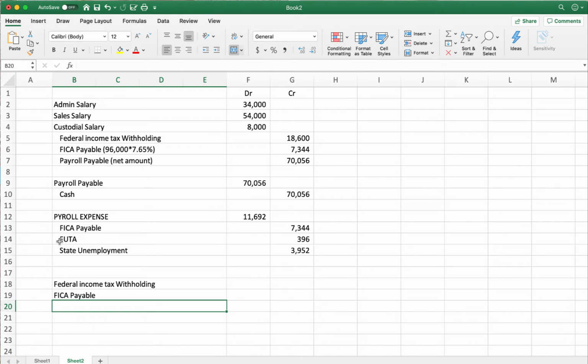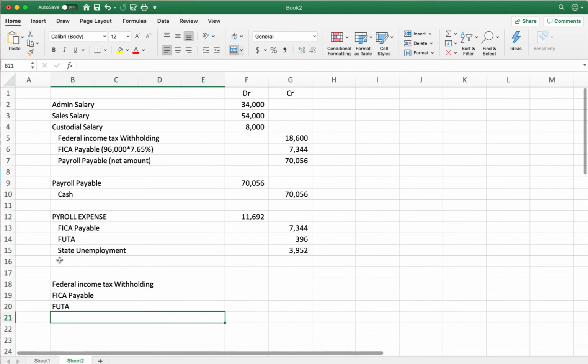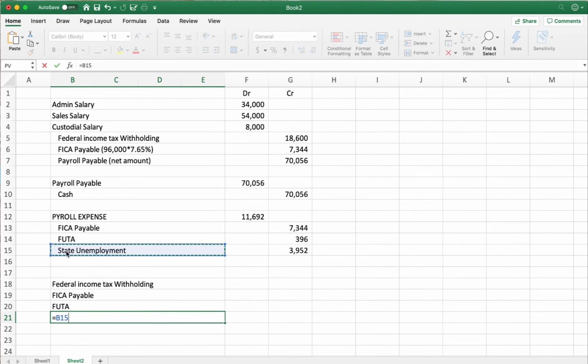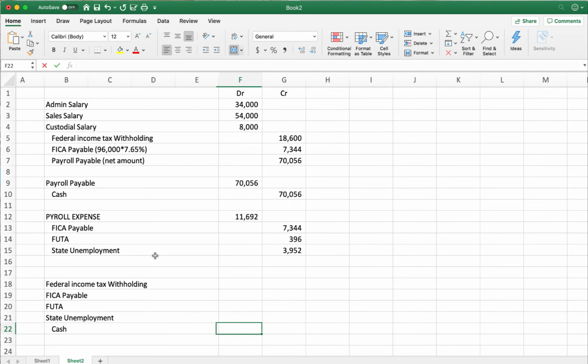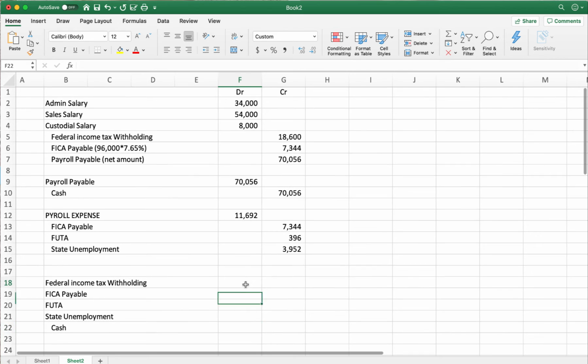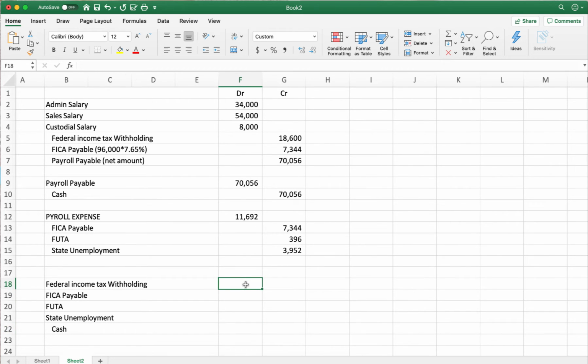We have the federal unemployment FUTA that we have to pay. And we have the state unemployment that we have to pay. Guess what we're crediting? Cash. Okay? So how much federal withholdings do we have to remit? Meaning, do we have to send to the federal government or to the Treasury Department on behalf of our employees? Well, the federal withholding payable is $18,600. Okay?